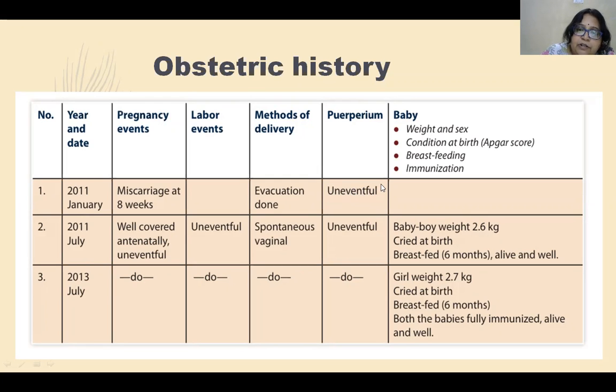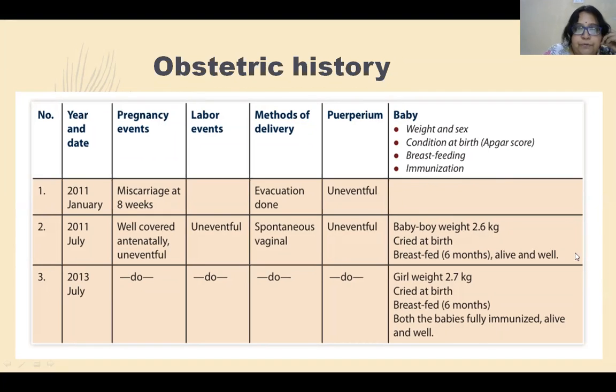And next, we need to know about contraceptives, whether she has used any following her pregnancy. Next, about the baby, we need to inquire what the weight of the baby is, the sex of the baby, the Apgar score at the time of birth, whether the mother breastfed the baby and for how many months, and the immunization status of the baby.